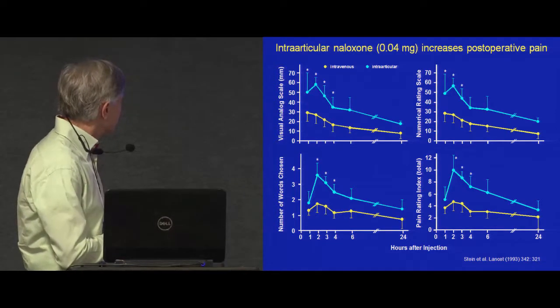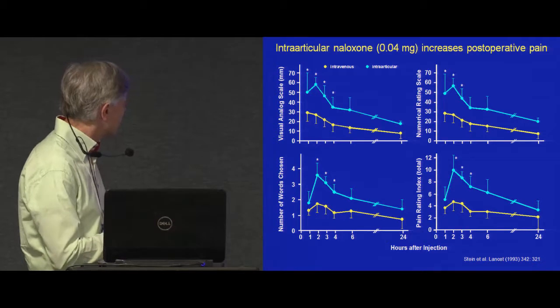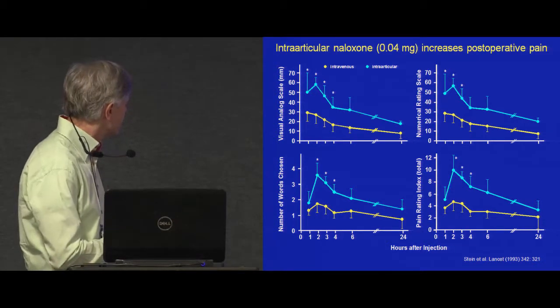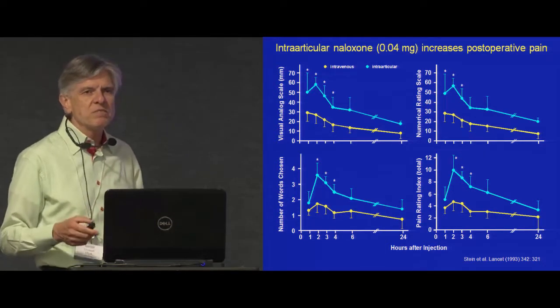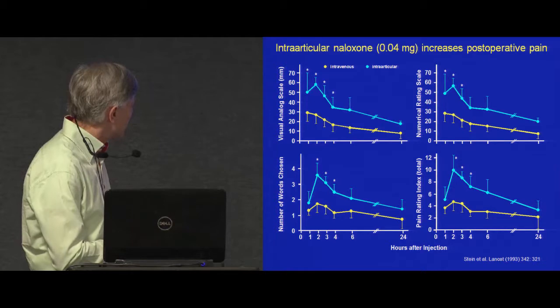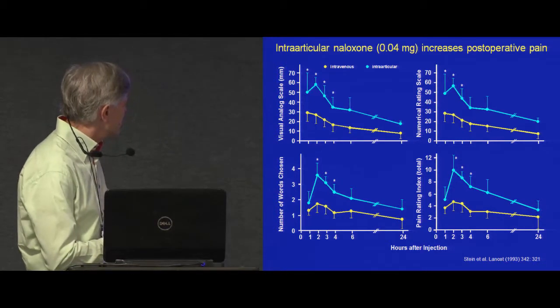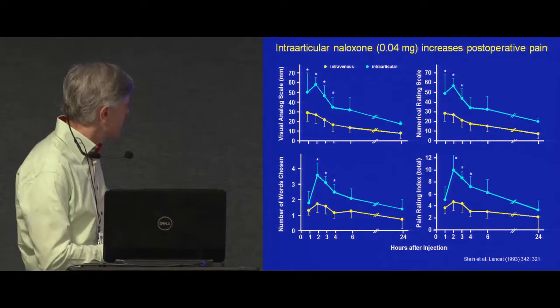And then we looked at pain after the operation for 24 hours, visual analog scale, numerical rating scales, verbal rating scales. You see that all of these different pain scales show you the same effect. The naloxone group has much higher pain scores than the saline group.